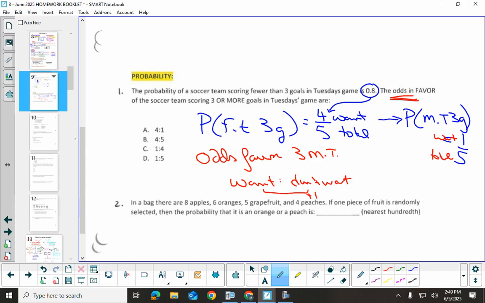And remember, they have to add to give the total. So you want 3 or more. That is 1. You know the total is 5. So what is the don't want number? 4.